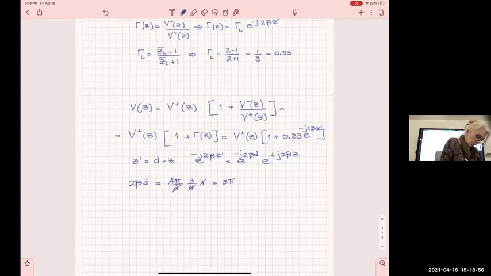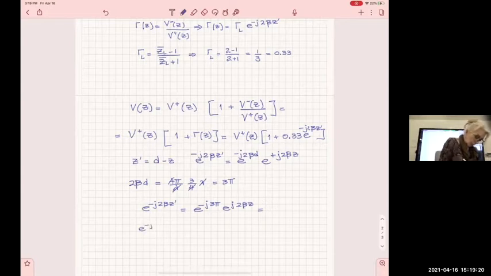And therefore, e to the minus j 2 beta z prime is nothing else but e to the minus j 3 pi e to the j 2 beta z. So how much is e to the minus j 3 pi?